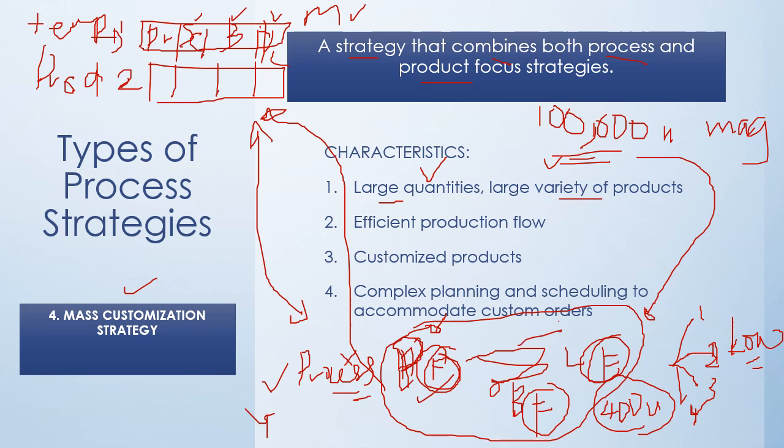Scanning facilities. Some of the scanning facilities will be transferred over here. And some of the binding facilities will be transferred over here, and some of the packaging facilities will be transferred here. And the function of this assembly line is only to process that 100,000 units of magazine printing.